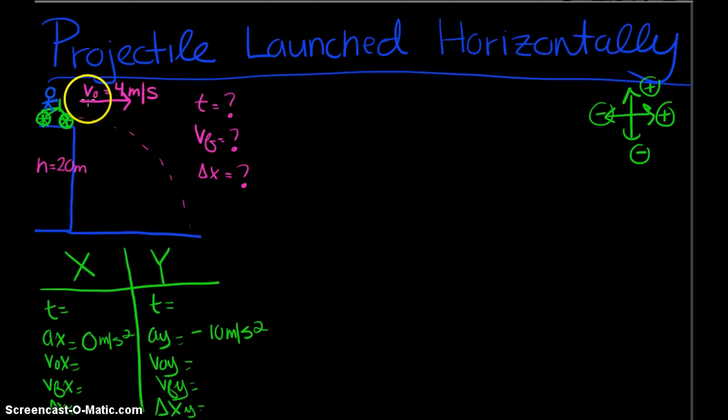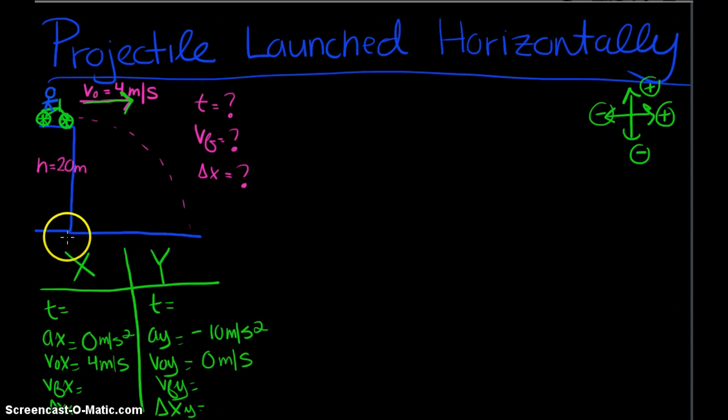Now I know that the initial velocity is given as 4 meters per second, and what's interesting about this problem is that the initial velocity is all in the horizontal. So the initial velocity in the x is 4 meters per second, and the initial velocity in the y is 0 meters per second. As the motorcyclist falls, that y velocity will increase.